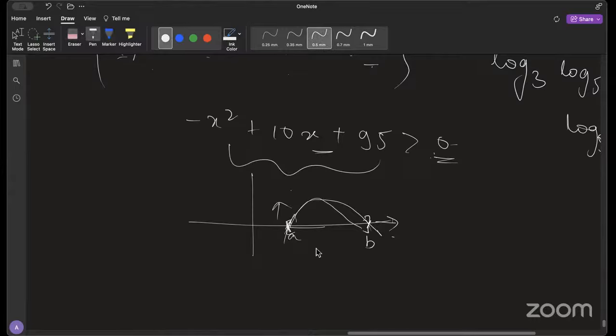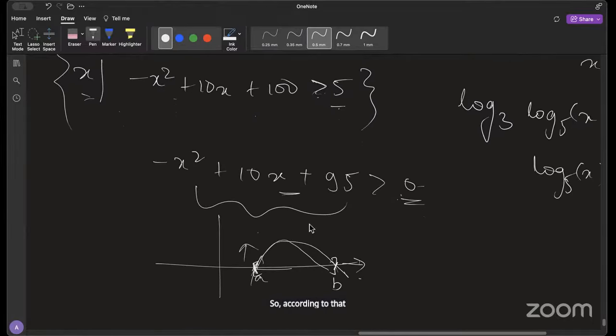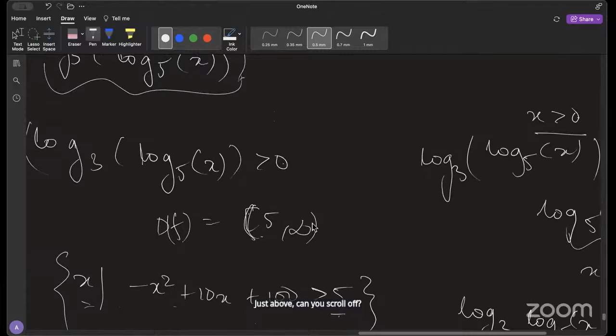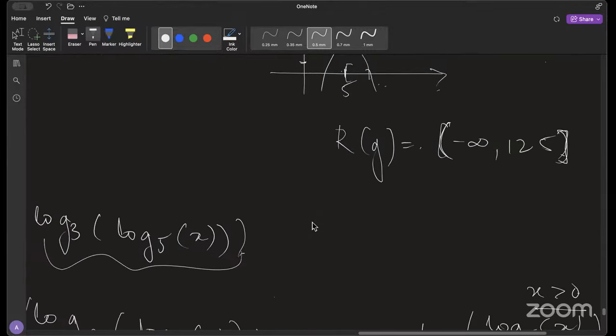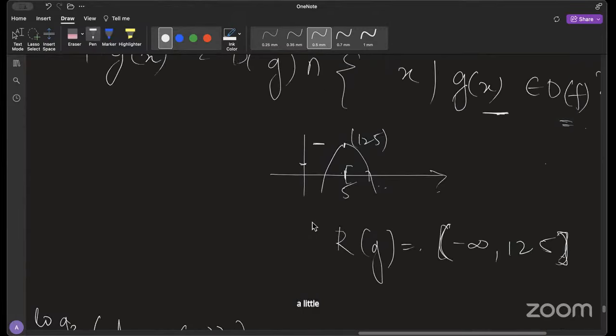Ma'am, just now you have defined some intersection part, right? So according to that, what we are getting, the value of x just above. Can you scroll up? A little bit more.